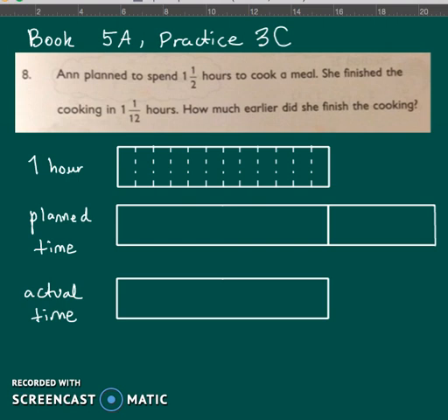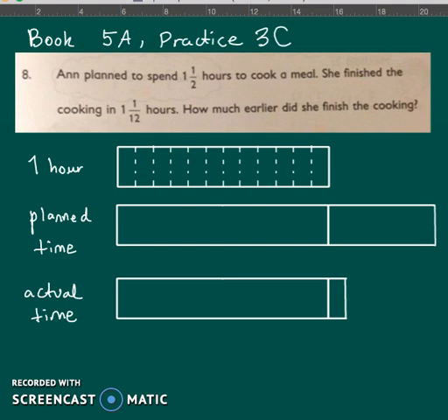So we're going to need one of these 1/12 sections, if you count that there are 12 of them. 1, 2, 3, 4, 5, 6, 7, 8, 9, 10, 11, 12. So we need one of these little sections to represent 1/12 of an hour, and we're going to tack that on at the end there.